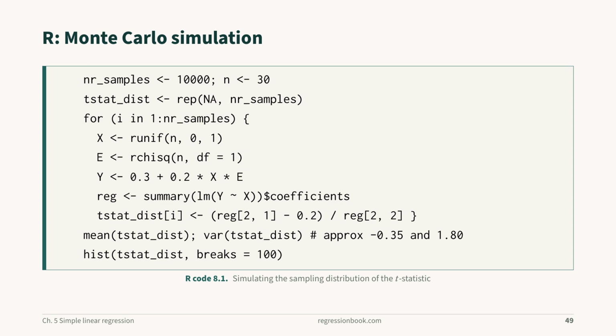The R simulation runs 10,000 replications at a sample size of 30. Draw X, draw the skewed error, build Y, regress, and store the t statistic for the true slope. Two summary numbers and a histogram then tell the whole story, and they appear on the next page.